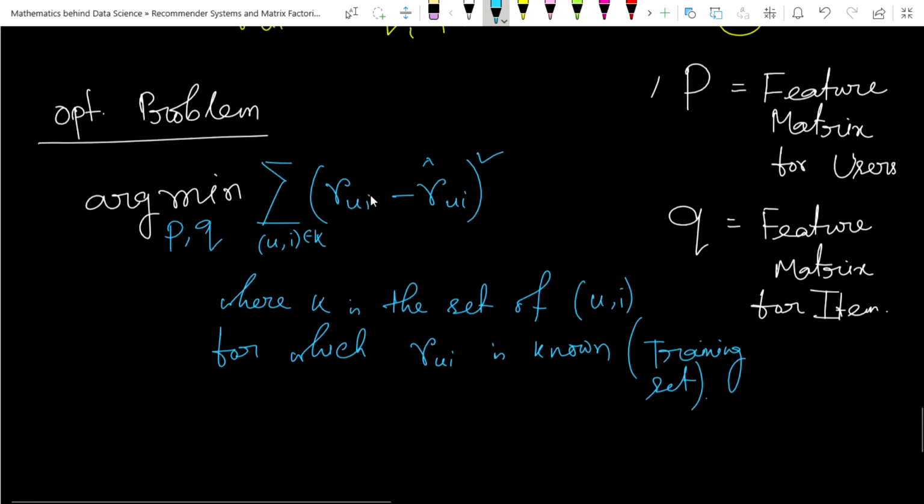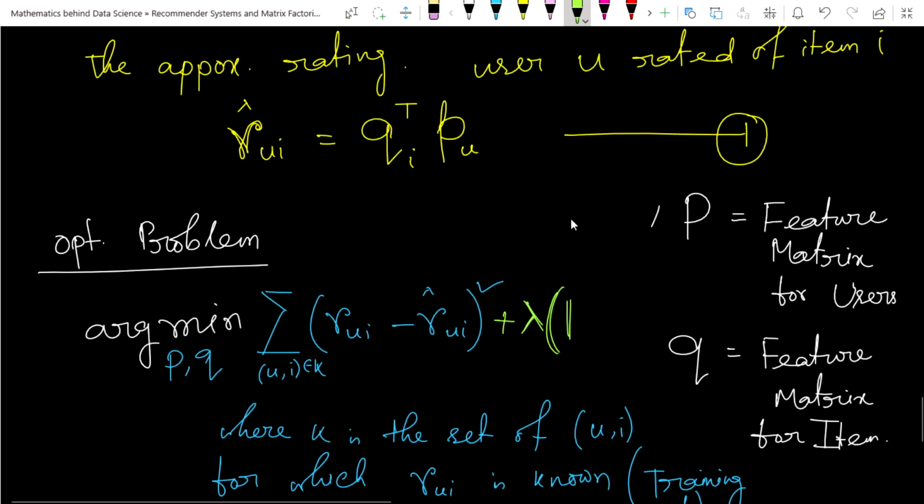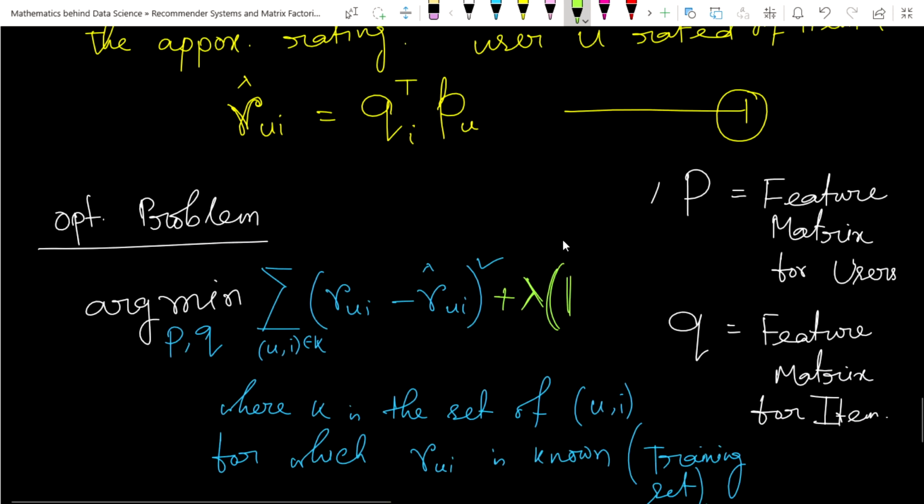And also, to control the biases and avoid overfitting, they have added a hyperparameter regularization term. For example, these are the PU and QI. This one is already known to us.